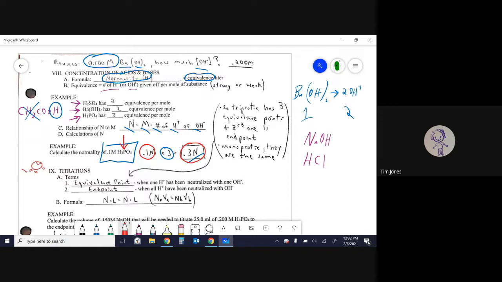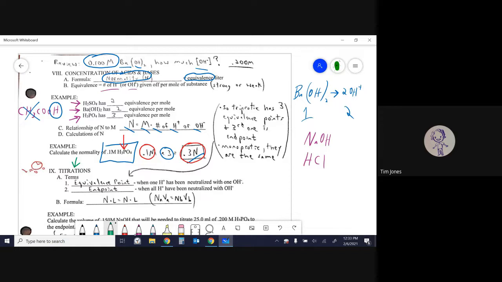All right, now the rest of this lesson and the next lesson are all going to be about titrations. No surprise, any regular chemistry class that doesn't talk about titrations is not a chemistry class. So this is a big topic, and we are going to do a lab with it.